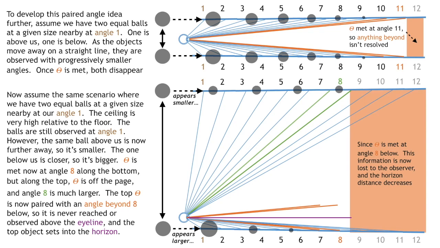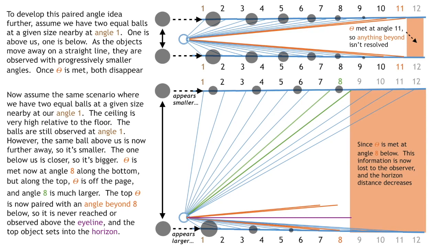So the top theta is now paired with an angle beyond angle 8 below it, and angle 8 is what set our lower horizon distance already, and so it's never reached along the top. Essentially what you'll observe is that the top object, or ball in this case, will now set into the lower horizon line.